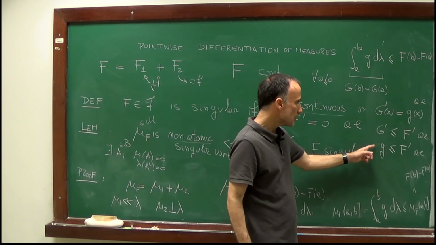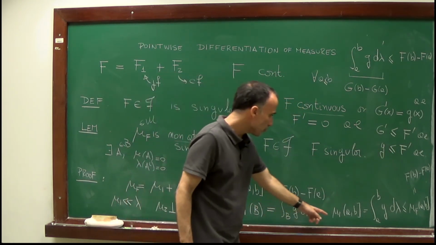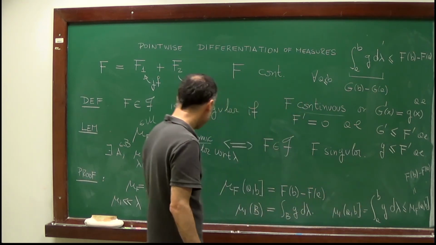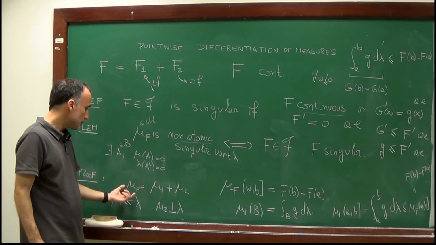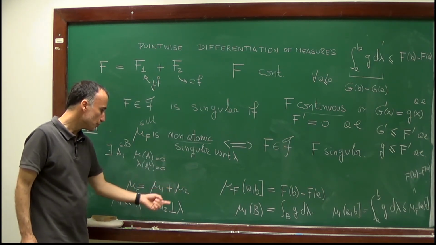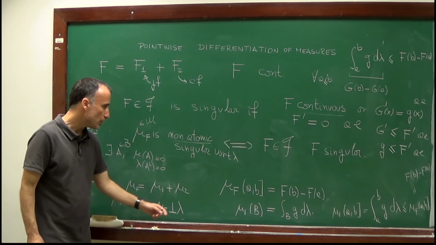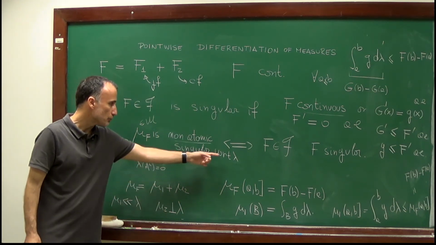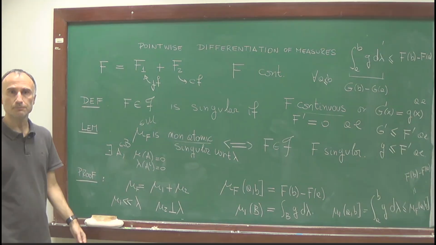Therefore mu1 of the interval ab is equal to 0. Therefore, mu1 is equal to 0, and this proves that mu f is actually equal to mu2, which is the singular part with respect to lambda. So that proves that mu f is singular with respect to the Lebesgue measure, and that proves the lemma.